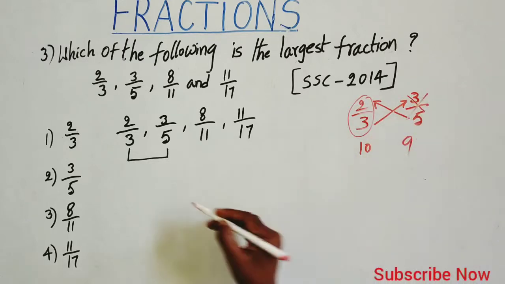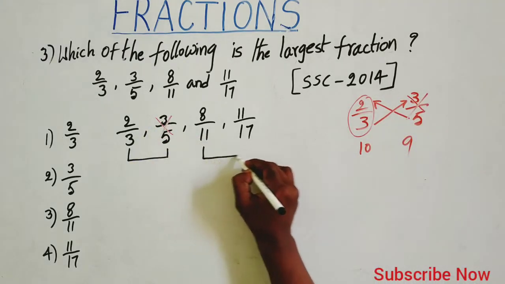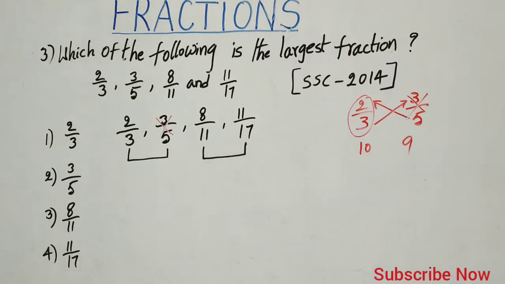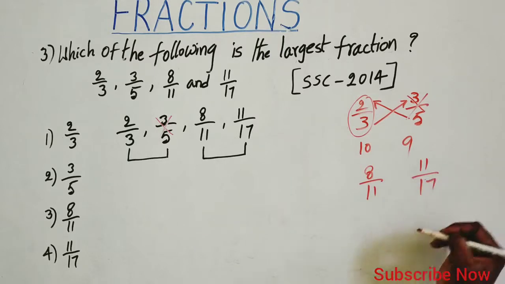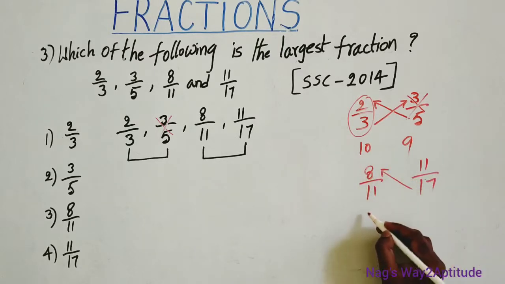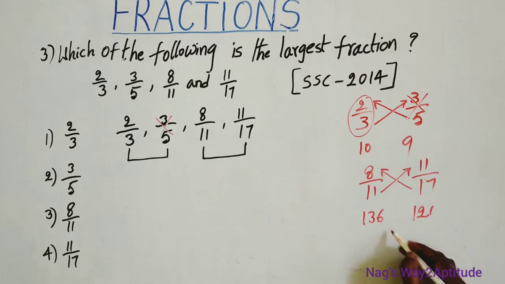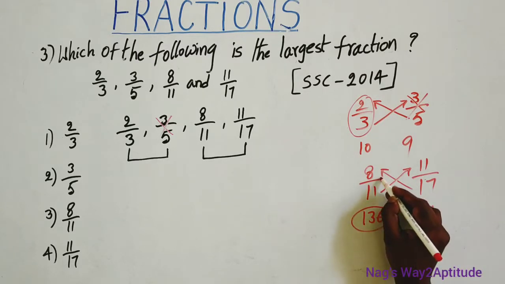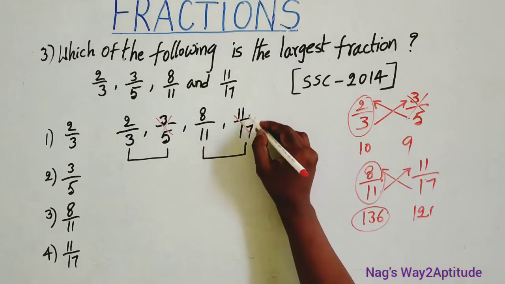So strike out 3 by 5. Now compare these two, 8 by 11 and 11 by 17. If you cross multiply, 8 into 17 is 136 and 11 into 11 is 121. 136 is larger, therefore 8 by 11 is the larger fraction.